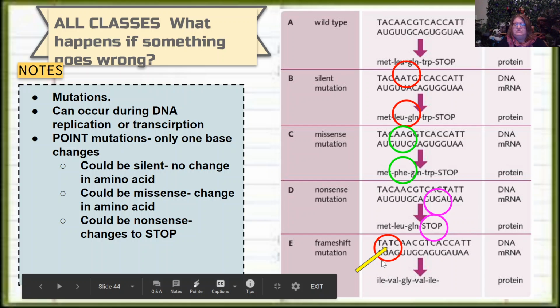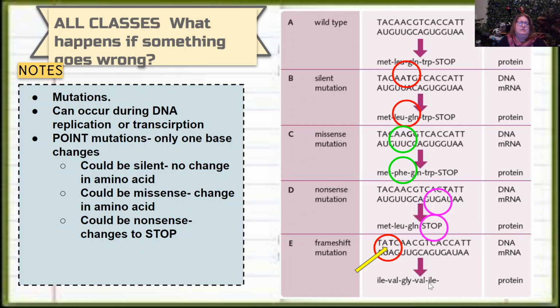Instead of AUG, we suddenly have AUA. And instead of, what's our second one, UUG, we suddenly have GUU. And notice what that does to the whole amino acid strand. That makes an entirely new amino acid strand after the insertion.